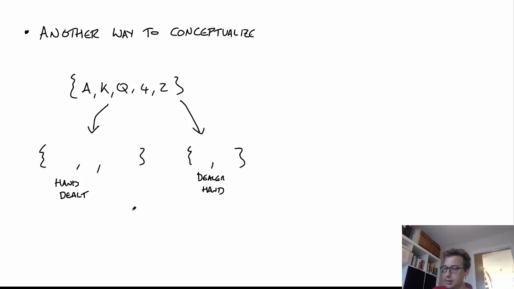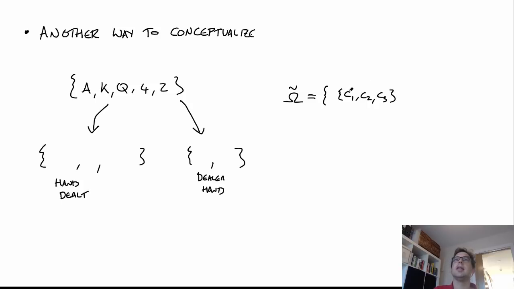We could think of this as a new state space, or a new sample space. In this new sample space, we're considering sets of cards: card 1, card 2, card 3. But now the order of this set doesn't matter.